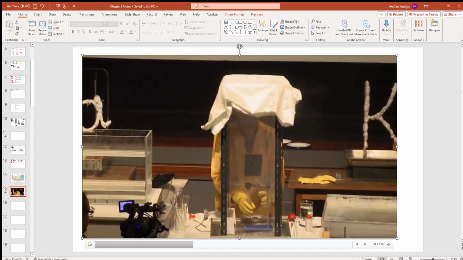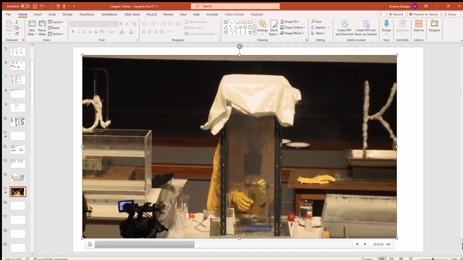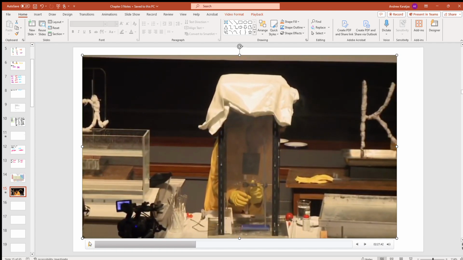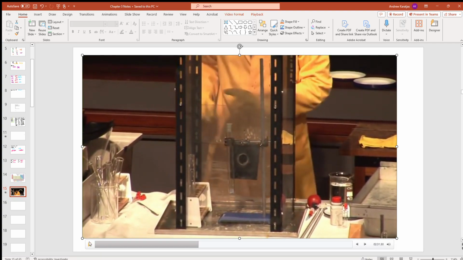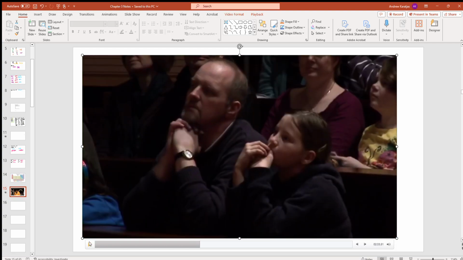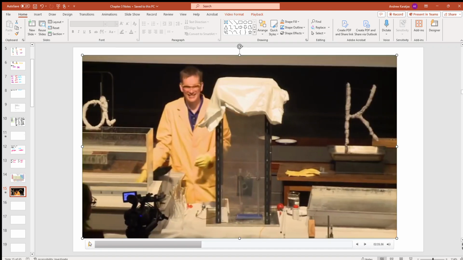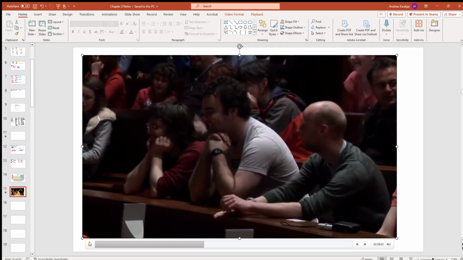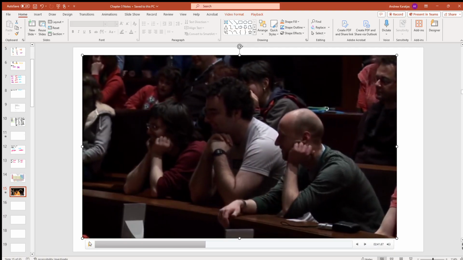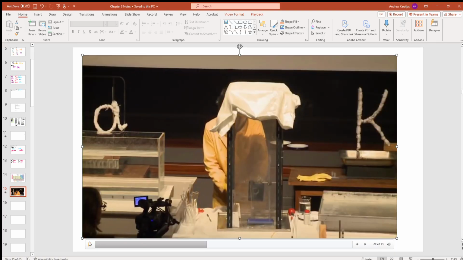Again, the same quantity, the same number of atoms. We're trying to keep everything as controlled as possible. The same quantity of water. Just as an added safety precaution, I think I'll put this on. Right, so potassium now, and water.